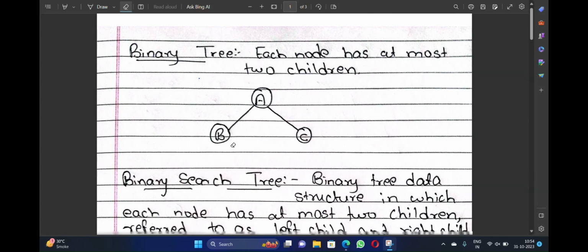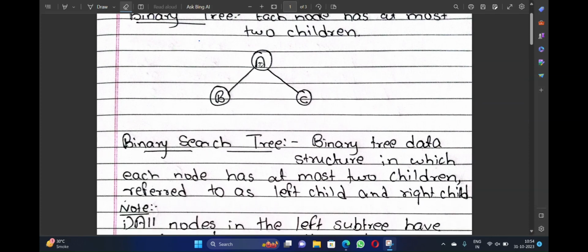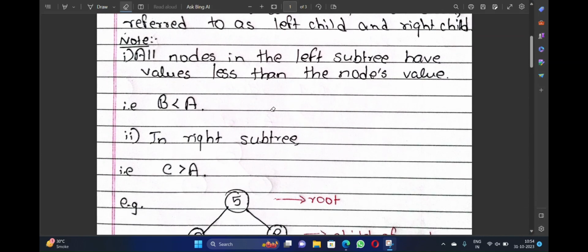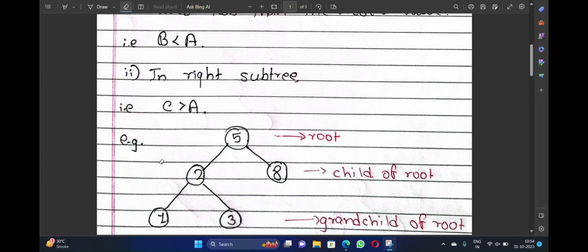Here, B is a left subtree, and here all values will be less than A. All the values in the left subtree will be less than A, and talking about right subtree, here all the values will be greater than A. That is, A is the root here. Root is the parent, and C and B are the children of root. So here I've written B is less than A and C is greater than A. It means all the nodes in the left subtree are less than A, and all the nodes in the right subtree are greater than the root.